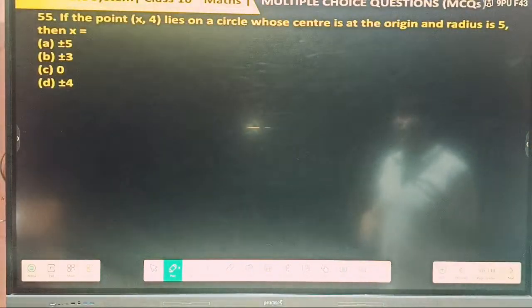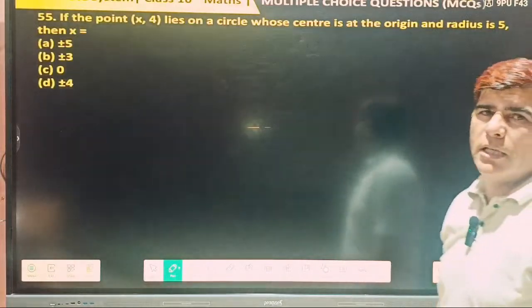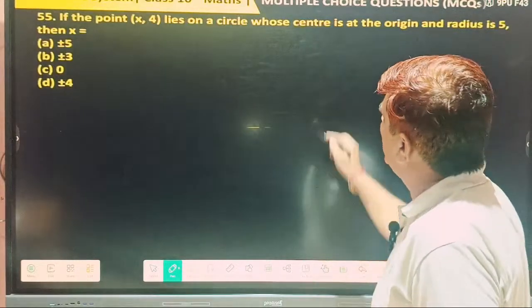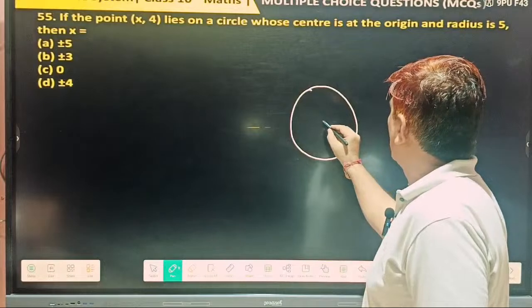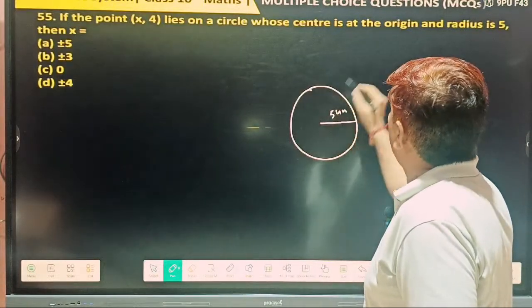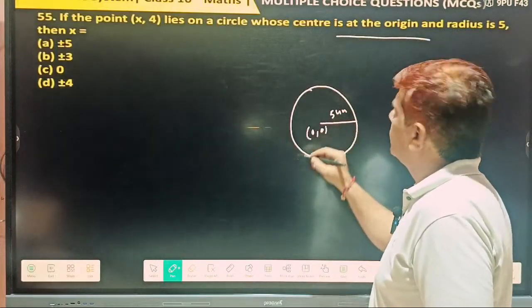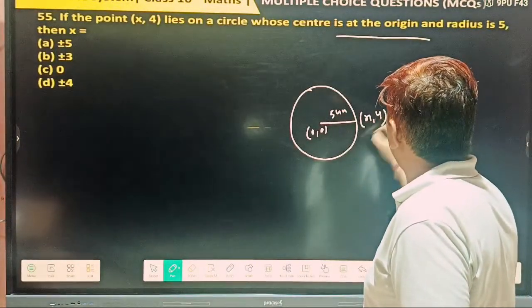If a point lies on a circle whose center is at the origin and radius is 5, find out the value. We have a circle whose radius is 5 units and center at the origin, so the coordinates of the center are 0, 0, and our point's coordinates are x and 4.